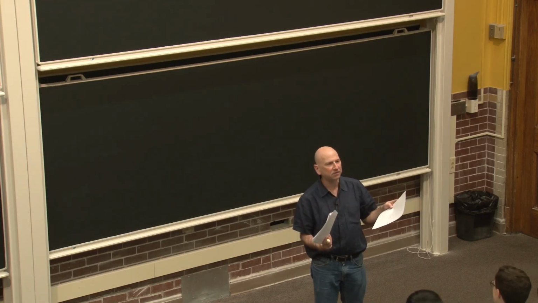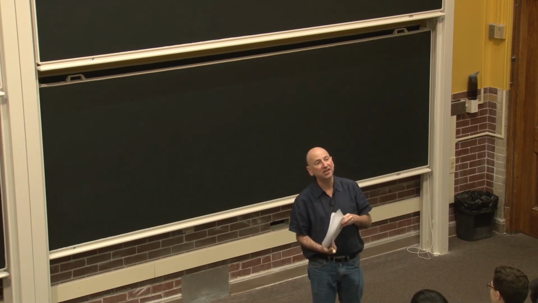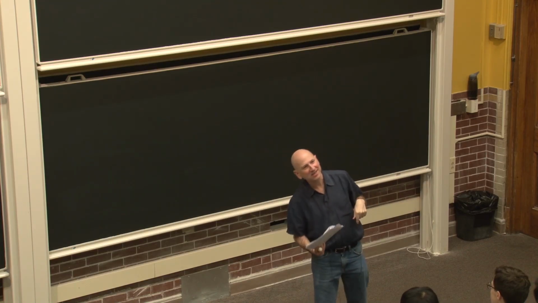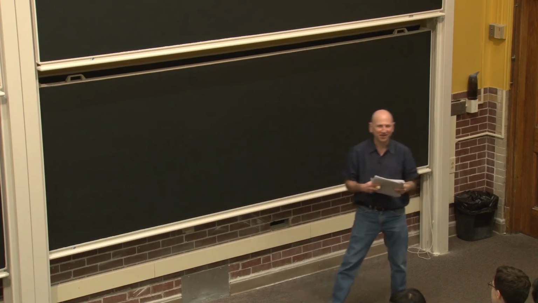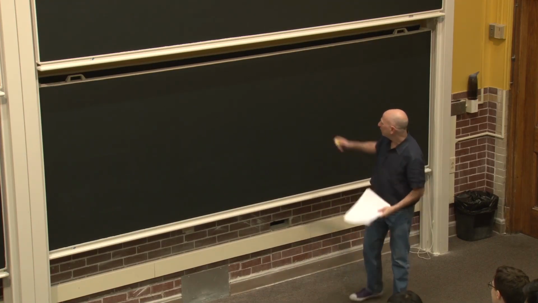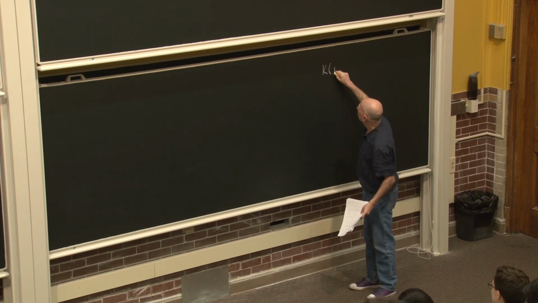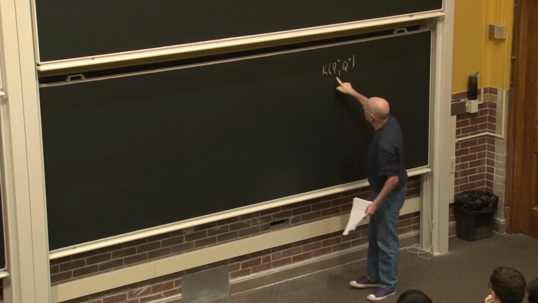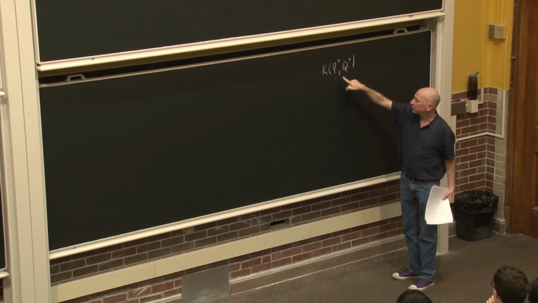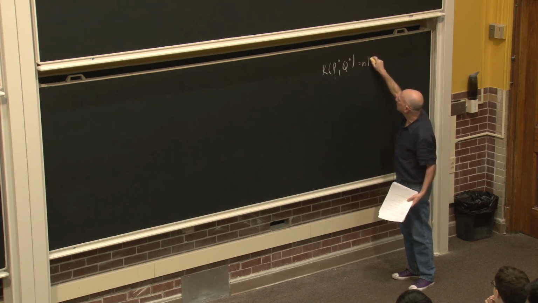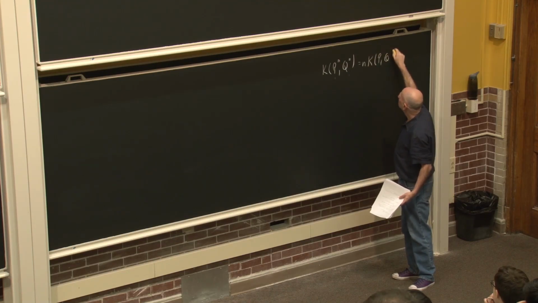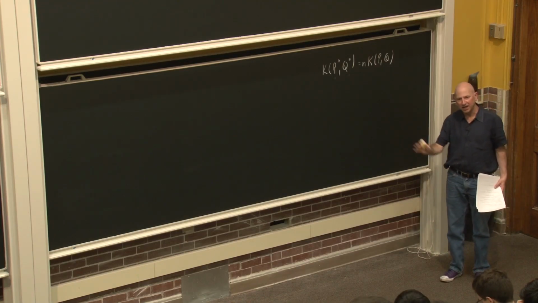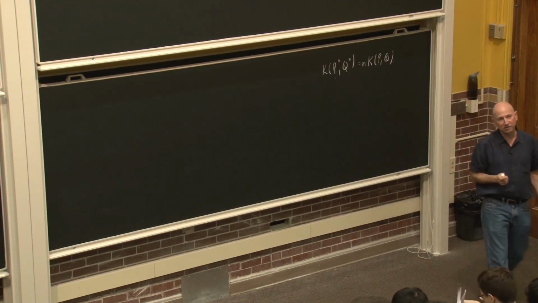Although I said that, if you look into the proof, you'll see I didn't use the product measure. I used the single measure. So I stated it as if it was for n, but the proof only did the n equals 1 case. You know that the KL distance for the product measure of P based on n observations and Q based on n is n times the KL distance. So you can always do the proof for one observation and multiply everything by n at the end. And I just sort of forgot to do that in the condition of the theorem.